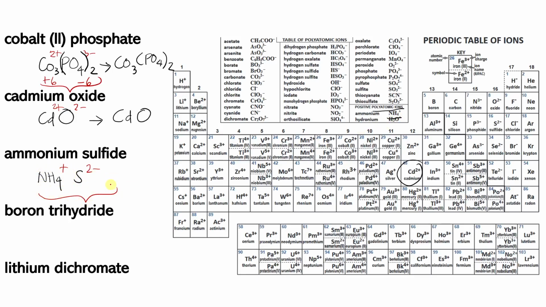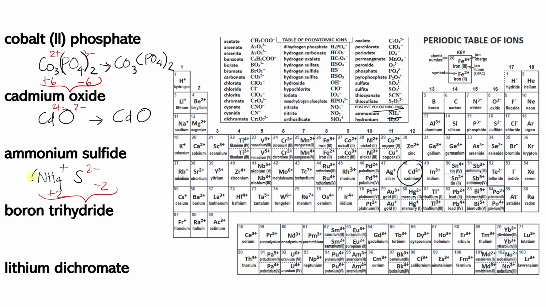So how can we make this neutral? We have 1 and 2. The LCD is 2, right? So I need negative 2 from the sulfide. Then I need positive 2 from the NH4. I only have positive 1 for each of the NH4. I can get positive 2 by having dalawang ammonium.